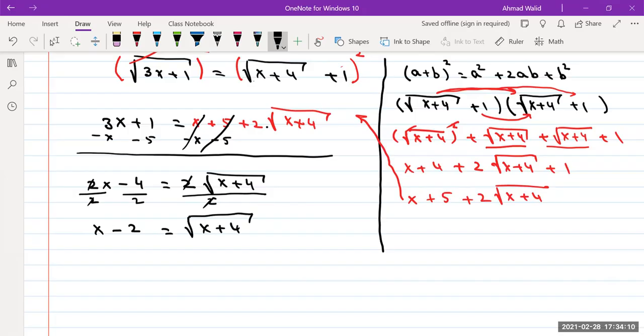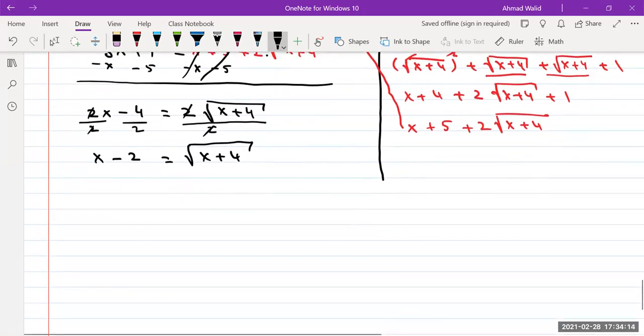Now repeat step 2. Raise both sides to the power of 2. It's a longer problem, but you're still repeating the same thing, correct? Using (a minus b) squared, or multiplying two parentheses, you will end up with x squared minus 4x plus 4 equals x plus 4.